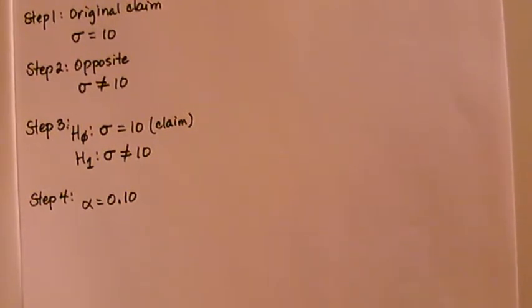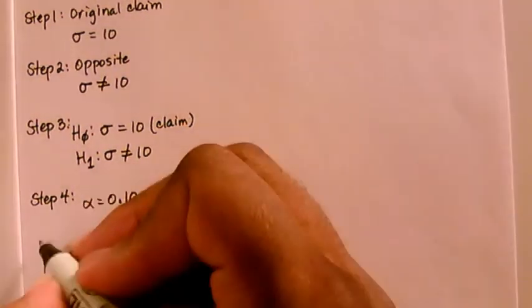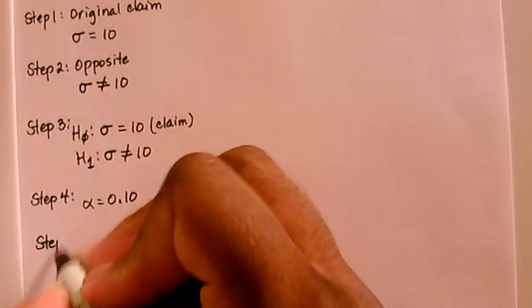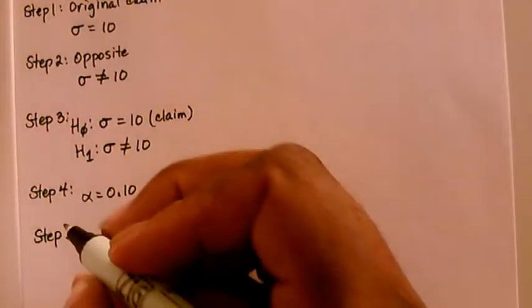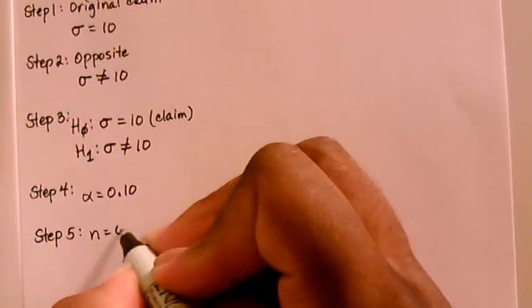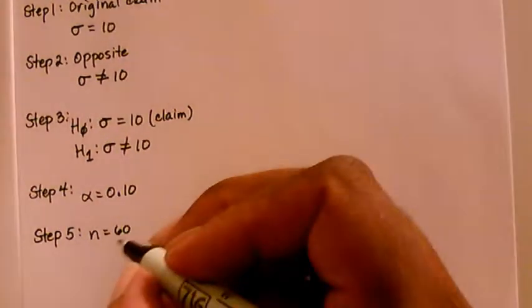Now step number 5, calculate the test statistic. And in this case here, I'm letting n be 60 because we're dealing with a simple random sample of 60 women with their pulse rates.